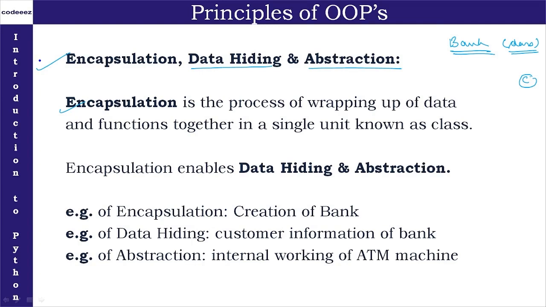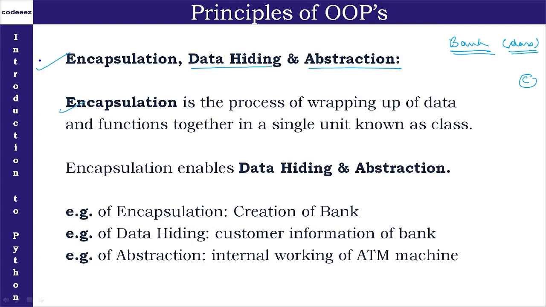Suppose if you want to simply change your address in the bank account, of course, you will not be able to change directly. You will simply write an application and that application will be forwarded to the bank, and the employees of the bank after verification will be updating your address. This is how data is being secured. So this is the concept of data hiding achieved because of encapsulation, right?